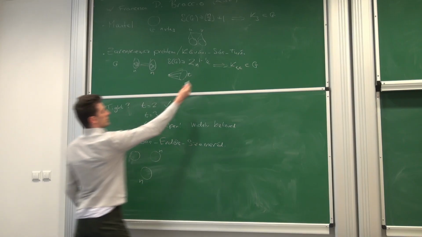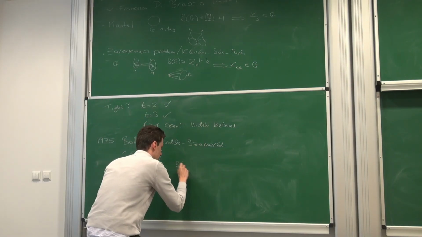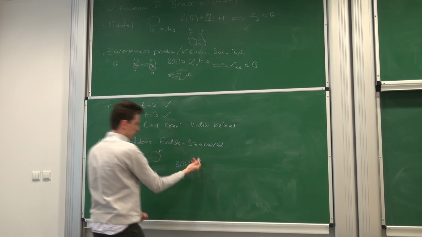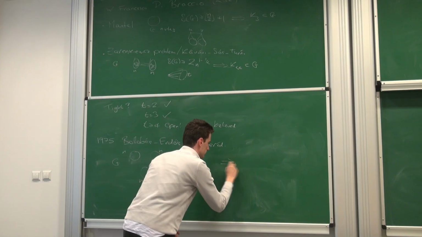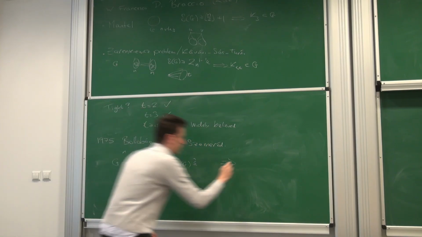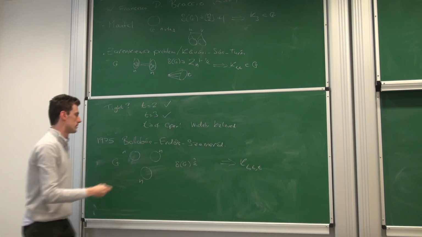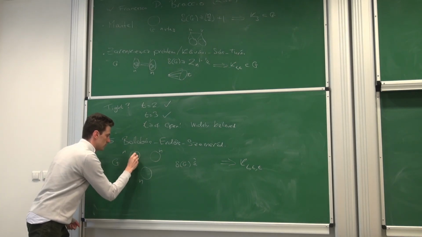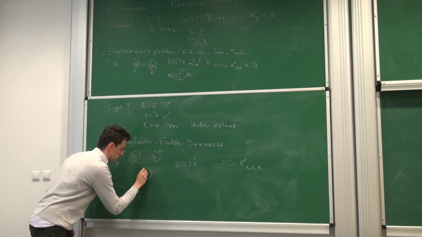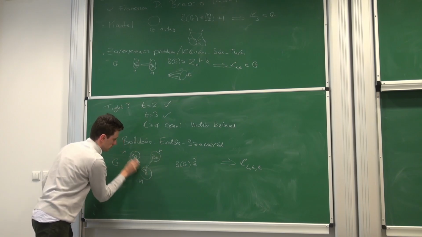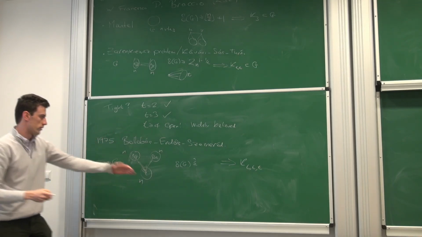What's the most basic thing you can ask? You could ask what minimum degree implies you have, let's say, K_{t,t,t}. So I want t vertices in each part, and so what is the right thing to put there?